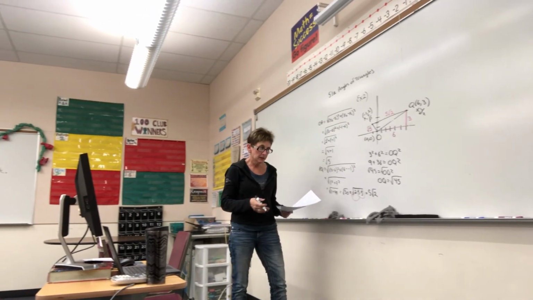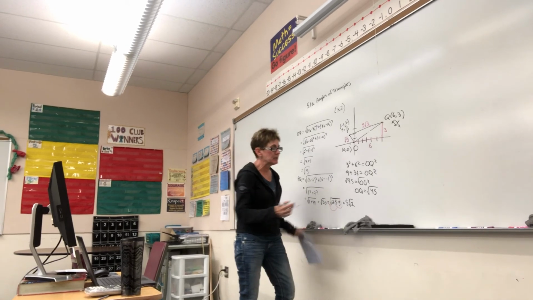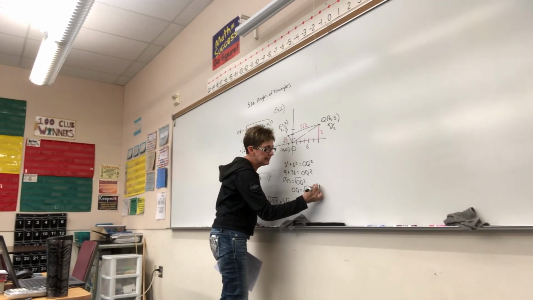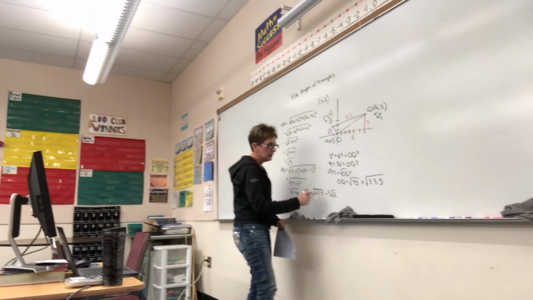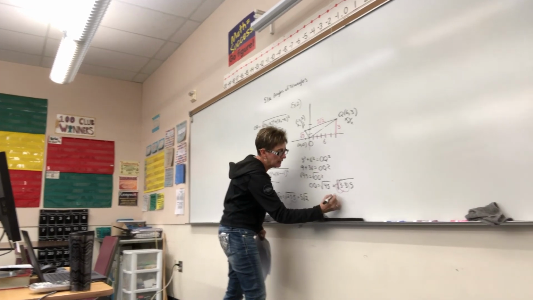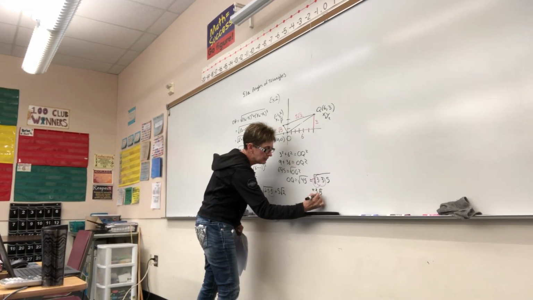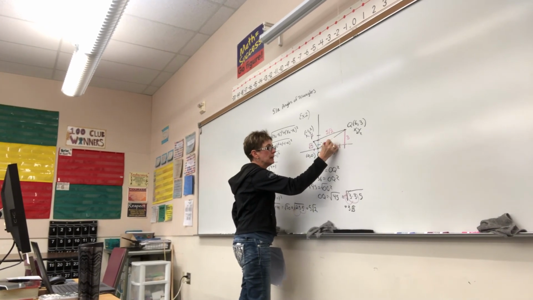Now again, we want to pull out any pairs. 45 is 9 times 5. 9 is 3 times 3. So I got 3 times 3 times 5. I take out that pair of 3's, and I have here 3 radical 5. So we can see that this length is 3 radical 5.